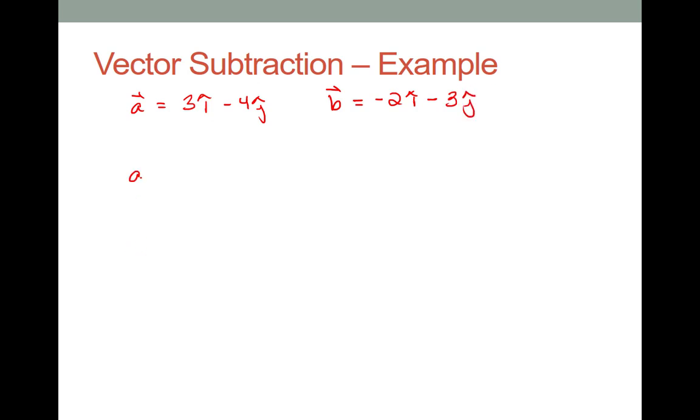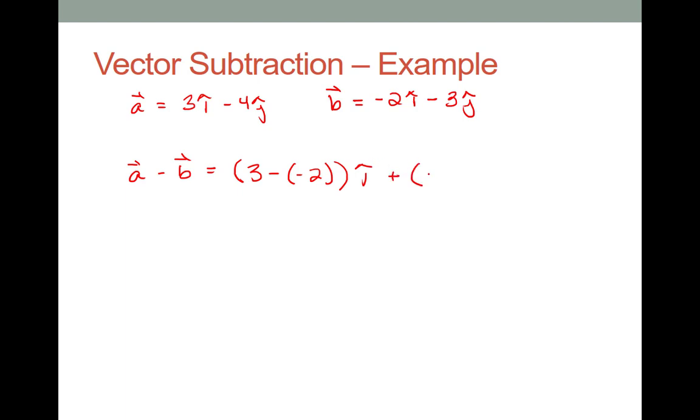So now if I want to take A minus B, I'm going to take my i component of A, or my x component of A, 3i hat, and subtract off the x component of my vector B. And that's my i hat direction.